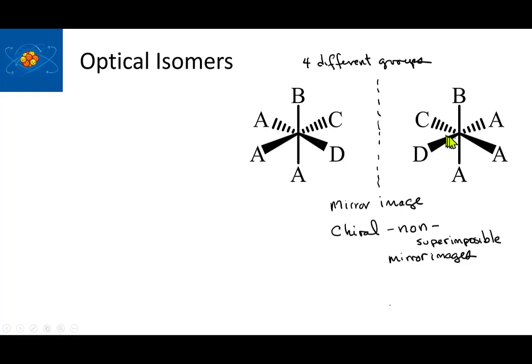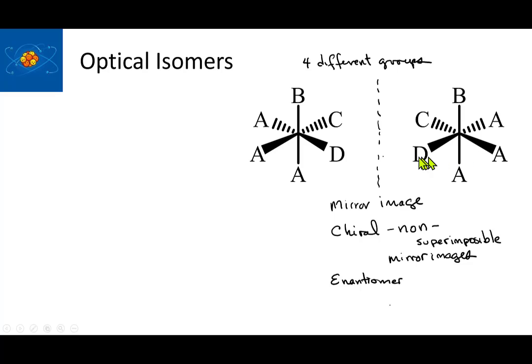If these are non-superimposable mirror images, then what happens is these are chiral, and the pair of them are enantiomers of each other. The word is enantiomer. And an enantiomer refers to one of the 2 compounds, the left-handed or the right-handed molecule.